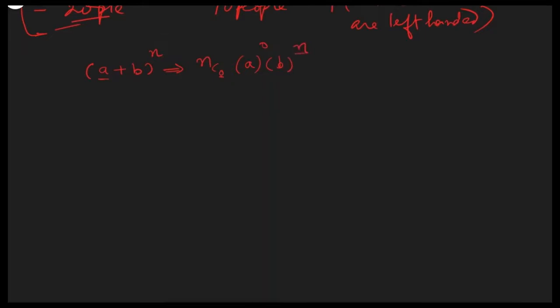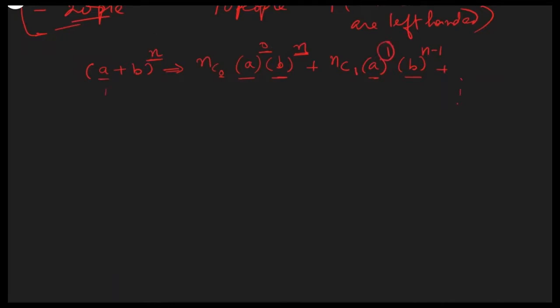So the sum of this number and this number should be the exponent. Second term becomes nC1 a to the power 1 and b to the power n minus 1. That means the exponent of a went up by 1 and the exponent of b went down by 1, and so on till this exponent reaches n. We write all the terms like that.